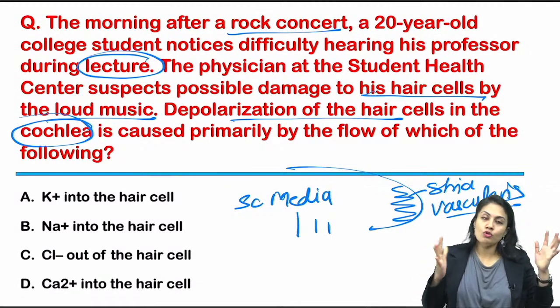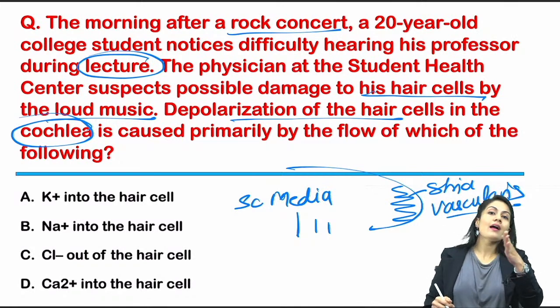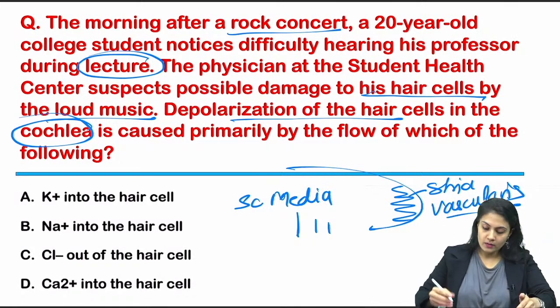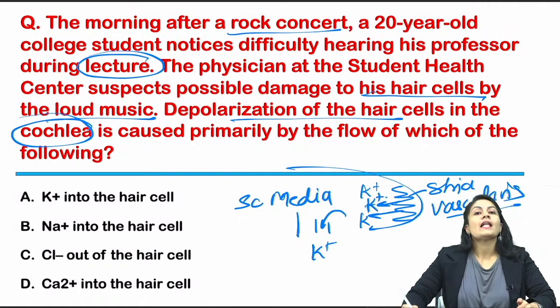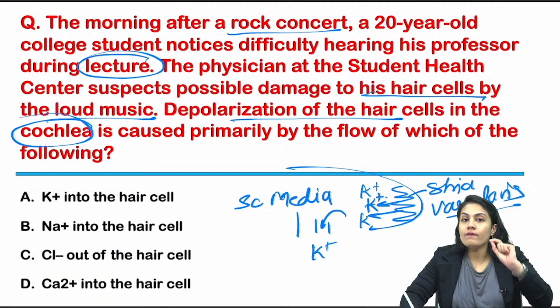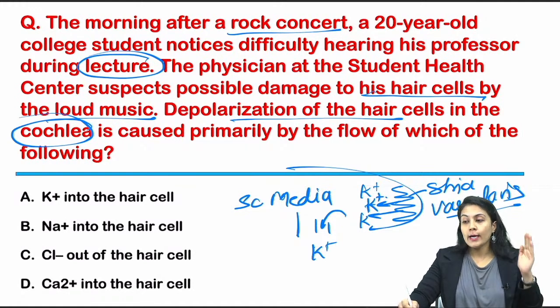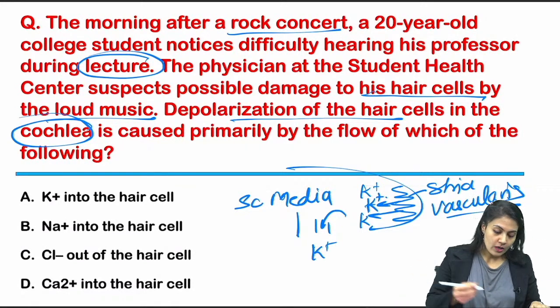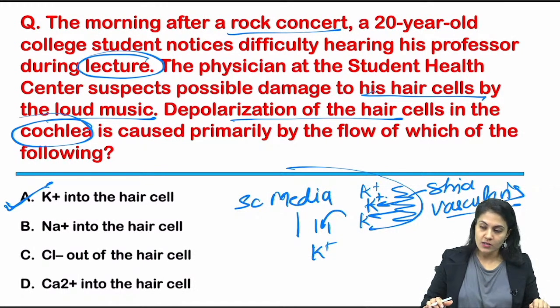As soon as there is movement of these cilia, especially the stereocilia towards the kinocilium, which is the tallest one, the entry of potassium occurs. Why? Because the stria vascularis continuously secretes potassium over here, and that is known as the endolymphatic potential. The question has been coming on this endolymphatic potential a lot of times, so please remember this. Okay, all of you are correct. That is the potassium into the hair cells because of the stria vascularis.